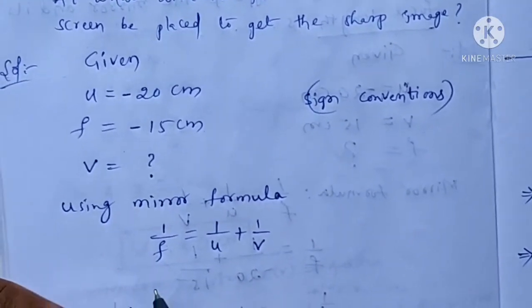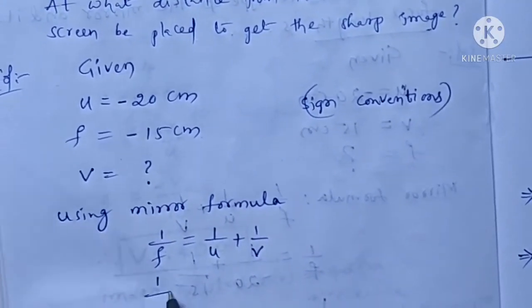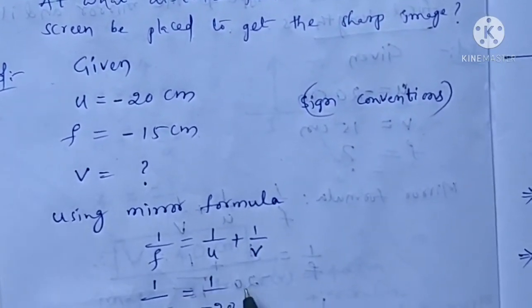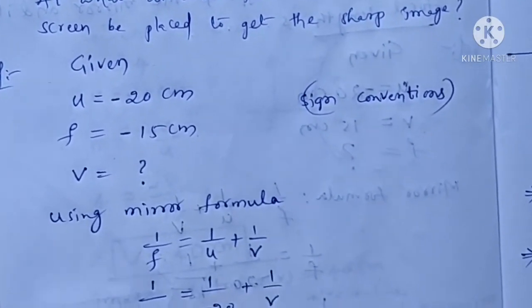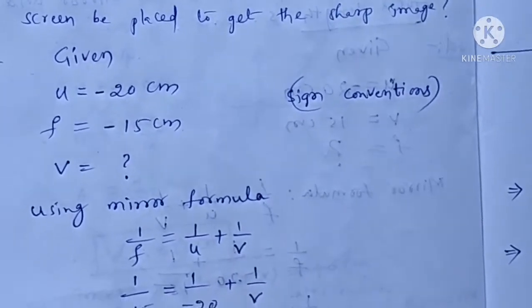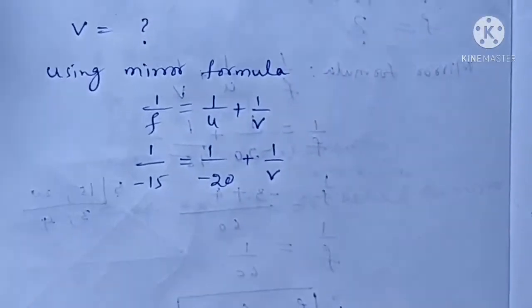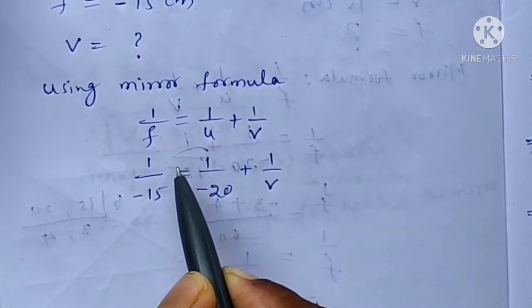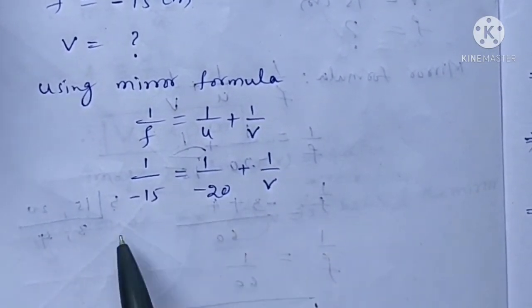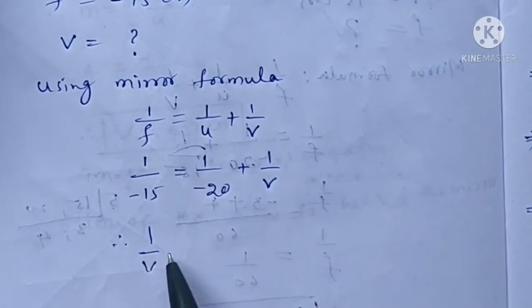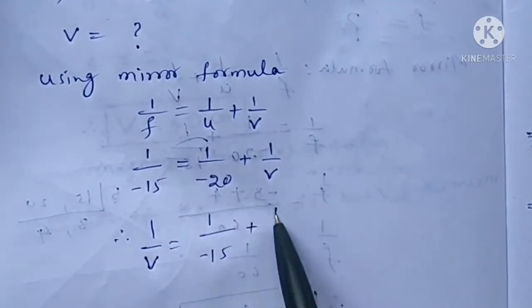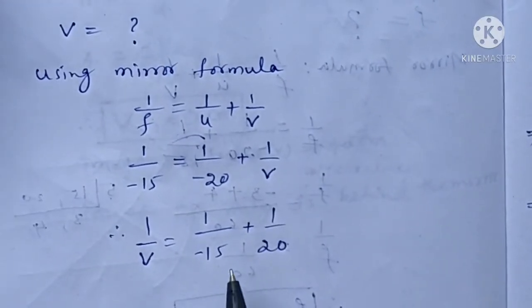Substitute all the values: 1 by minus 15 equals 1 by minus 20 plus 1 by v, which we have to find. Minus 1 by 20 goes to the other side and becomes plus 1 by 20. So 1 by v equals minus 1 by 15 plus 1 by 20.